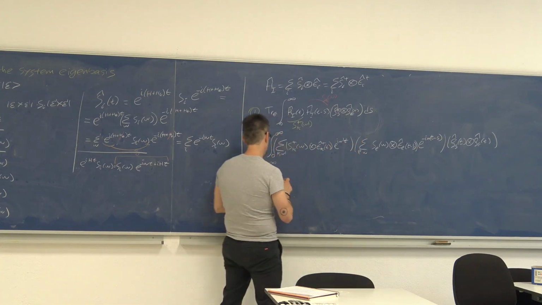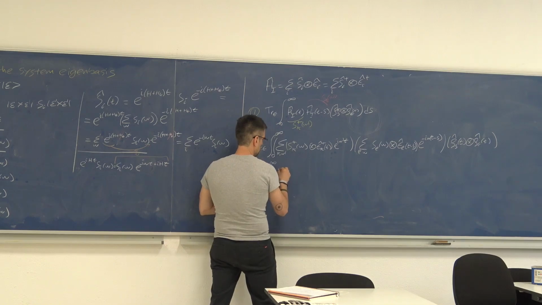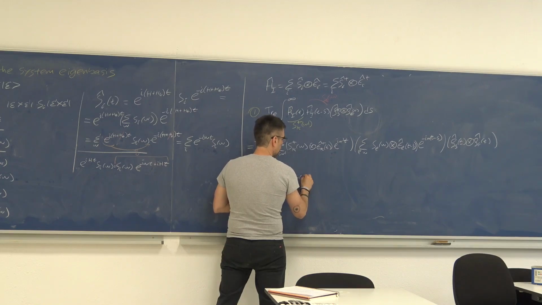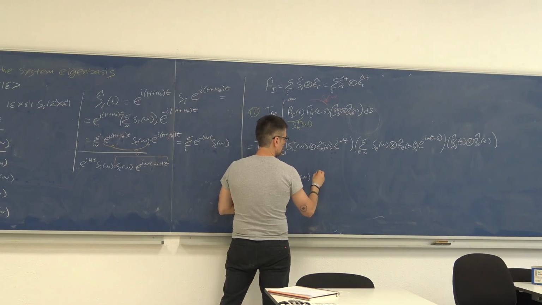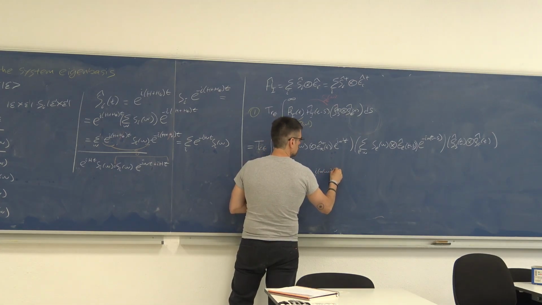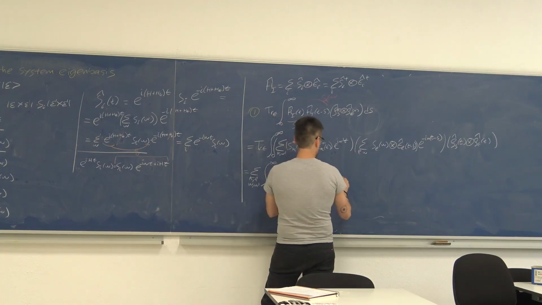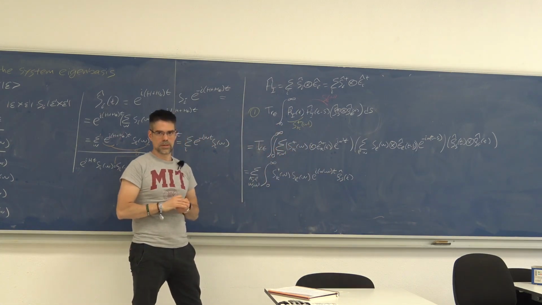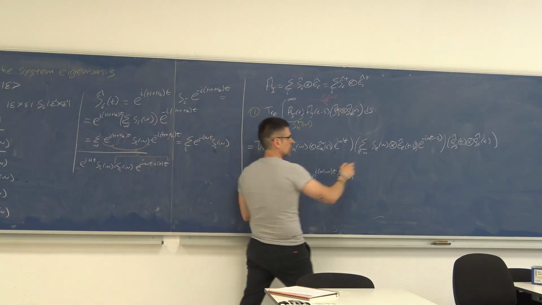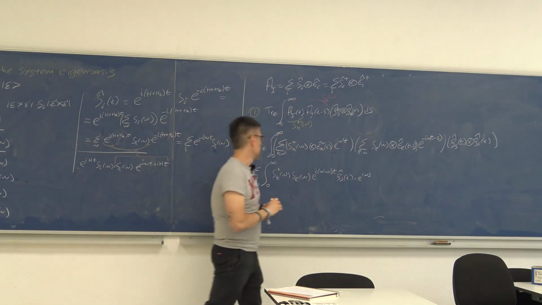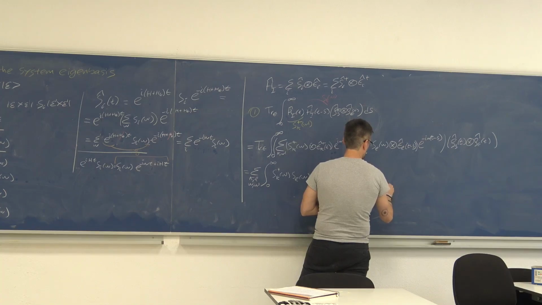So this will be something like SK dagger of omega prime SL of omega, exponential of I omega prime minus omega t, rho S of t. So this will be the system part. Then we have this S here times exponential of I omega S, and now the trace will act only on the environment part.